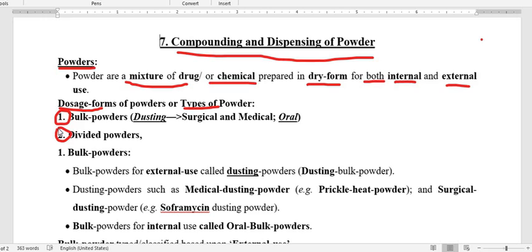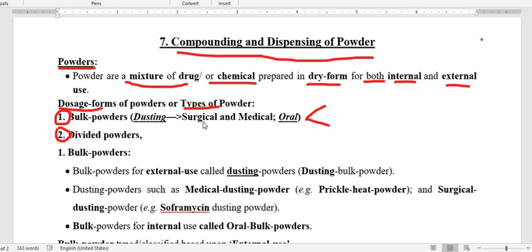In divided powder, you will have a divided form, a single dosage form, so that is why it is called divided powder.